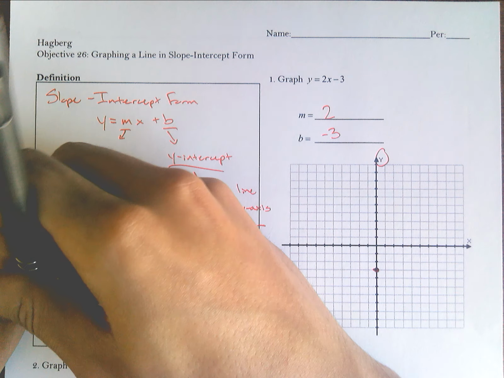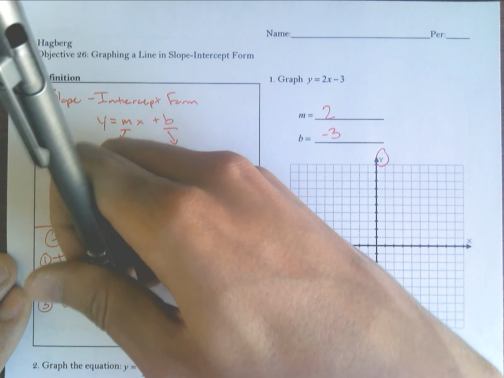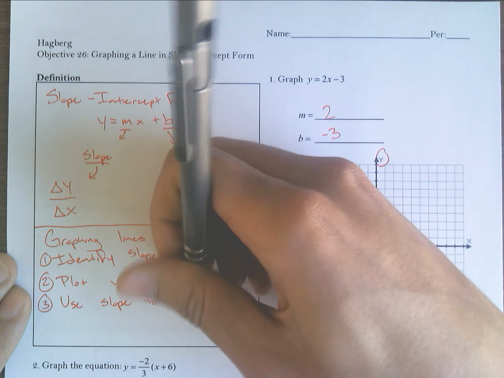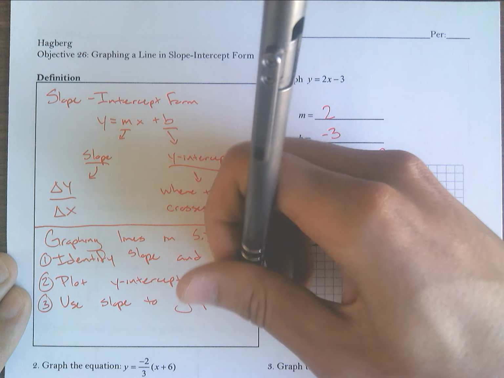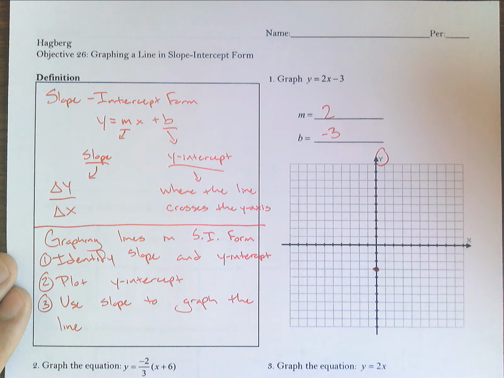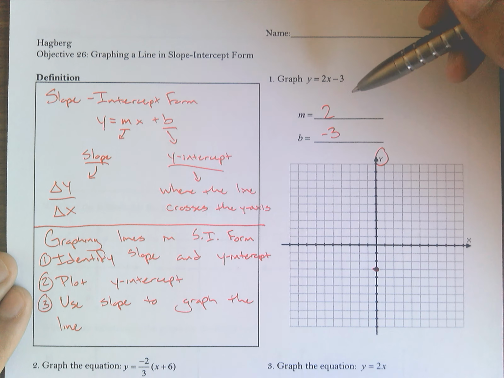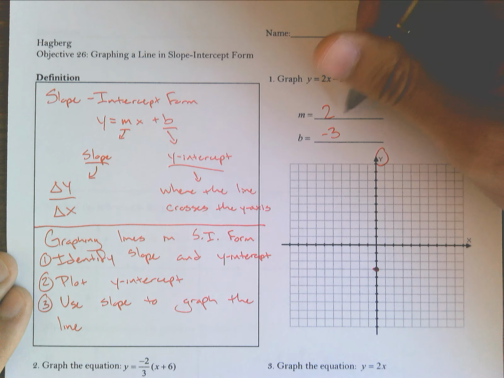Next up, step 3 is to use the slope to graph the line. So in this case, our slope is 2. I always recommend converting your slope into a fraction whenever applicable.